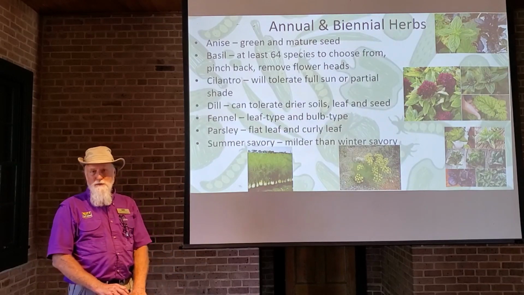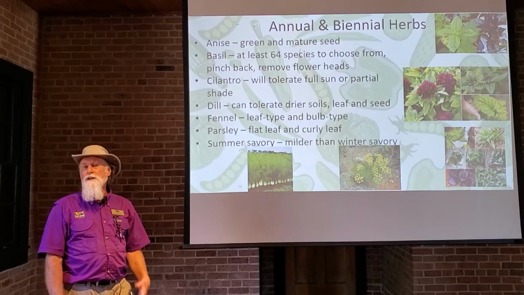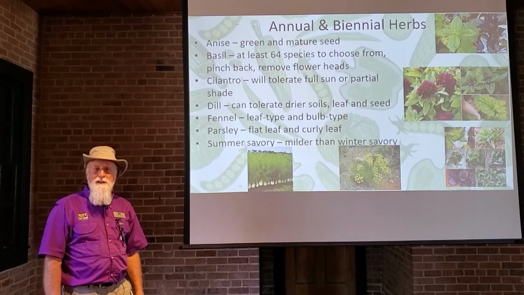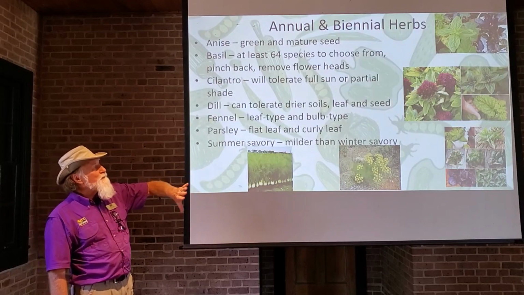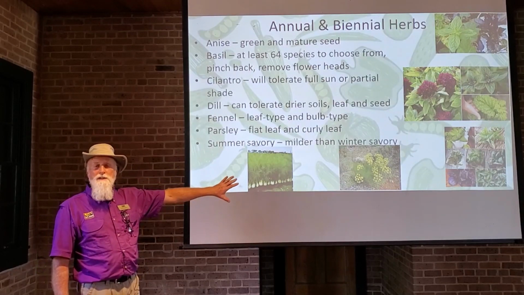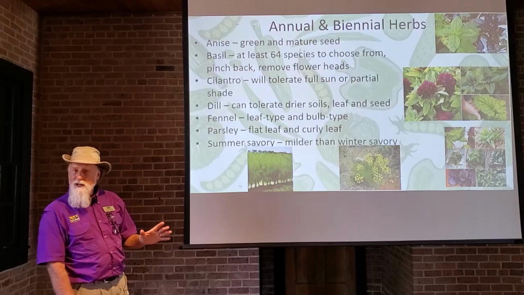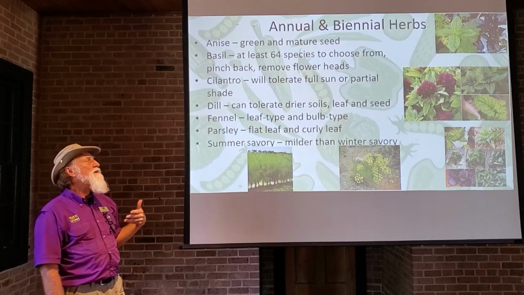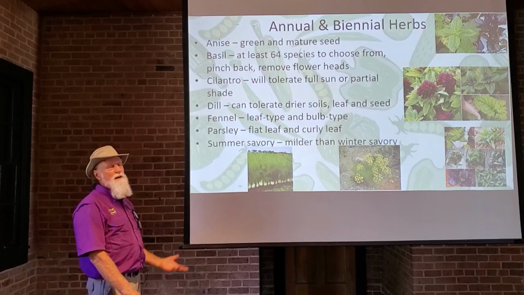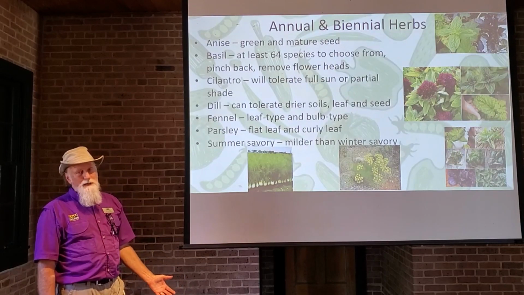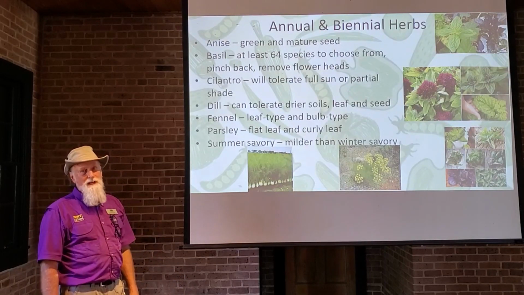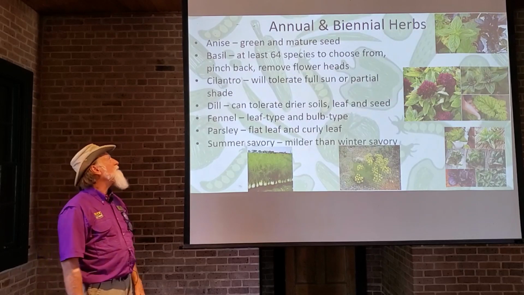You can have just straight, smooth, flat leaf, or you can go all the way to the super curly, sometimes called lettuce leaf basil. So basil is one that you can have multiple looks, depending on what variety you grow, but it is an annual, so you're going to have to replace it each year. In our area, they reseed themselves quite happily. So a lot of times with the basil, once you plant it, you've got it forever if you want.